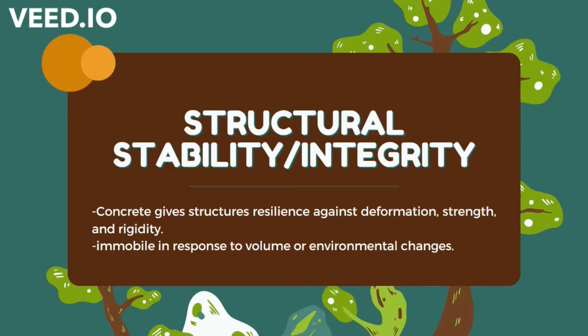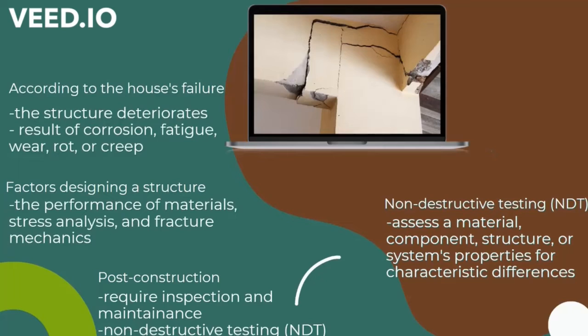Basically, in concrete, cracking is typically the first indication of distress. However, deterioration will occur first before the break. According to the house failure case study, the result is possibly a result of corrosion, fatigue, wear, or creep.